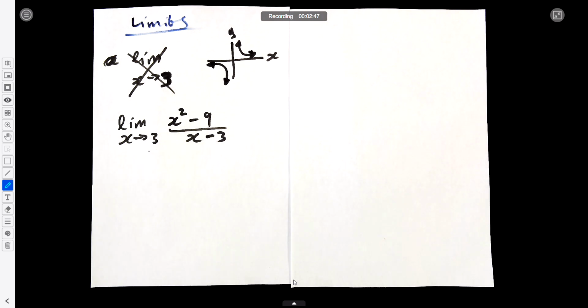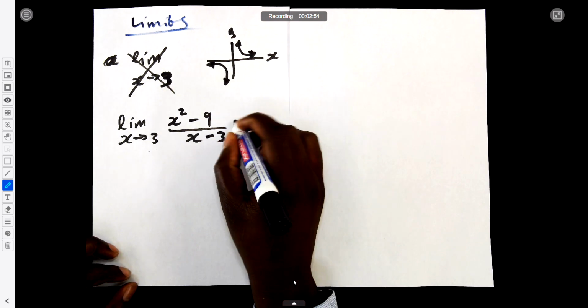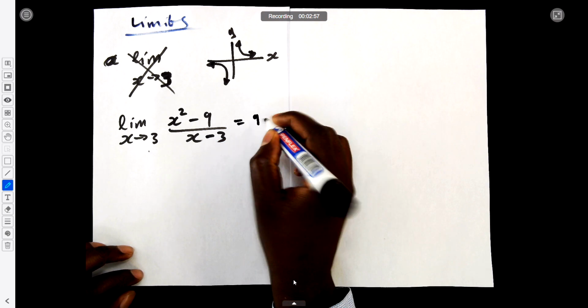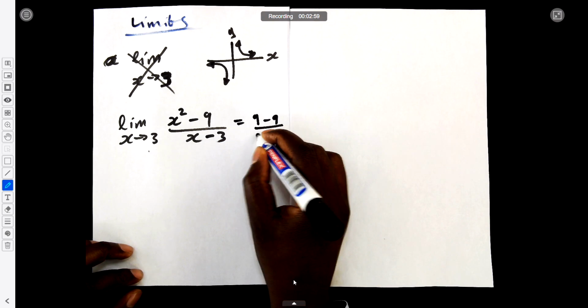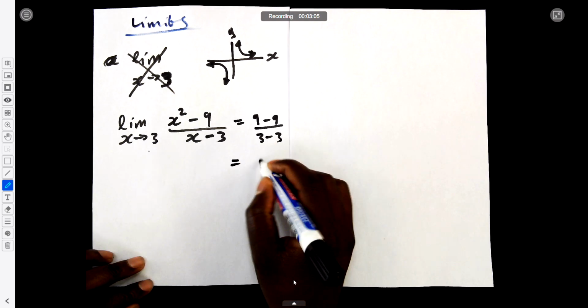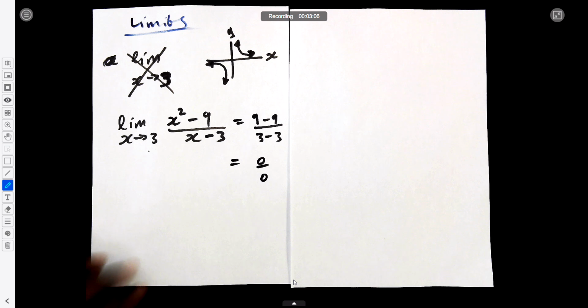Now when we look into this function and try direct substitution, I hope you see that in the numerator we have 9 minus 9, and in the denominator 3 minus 3, because 3 squared is 9. So we have an indeterminate form, 0 over 0.